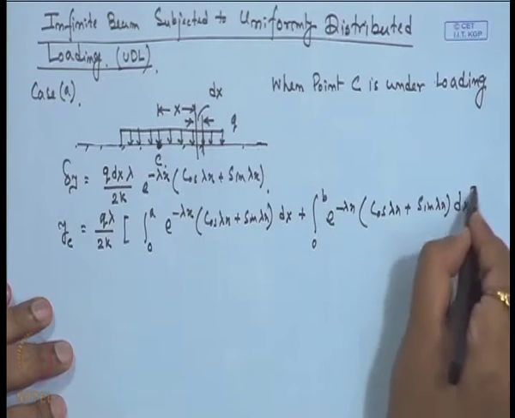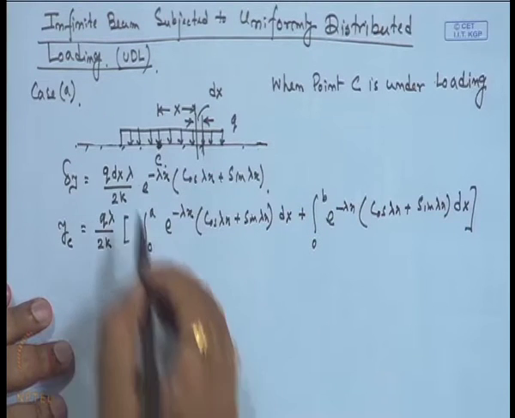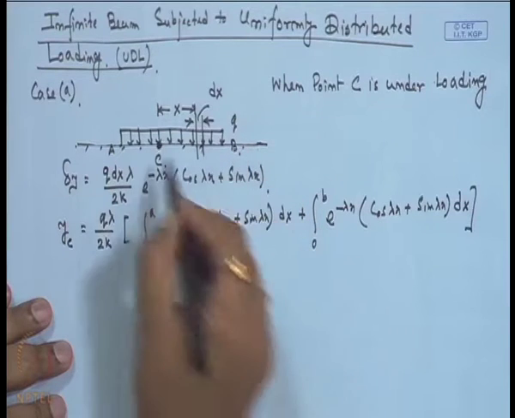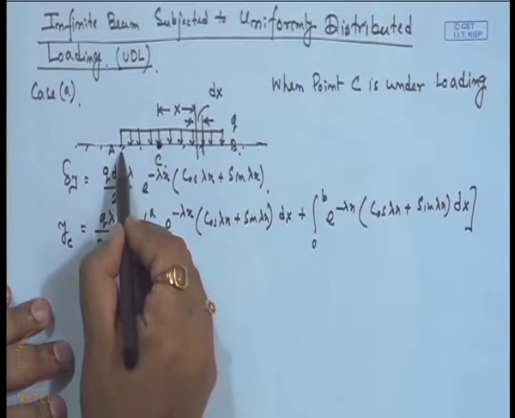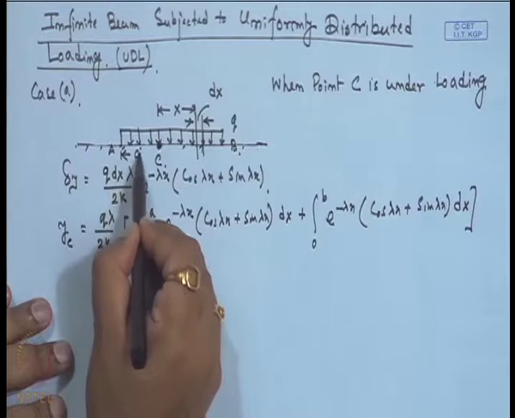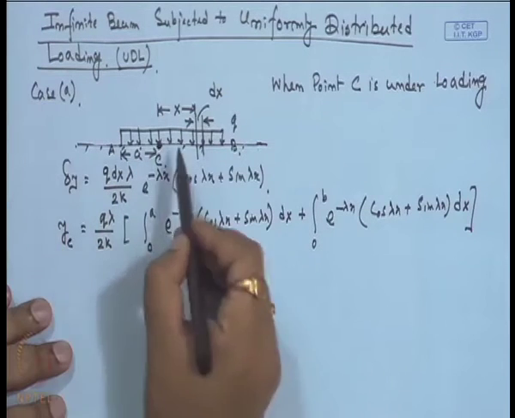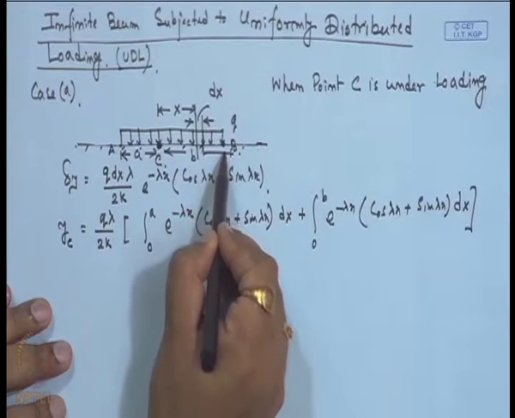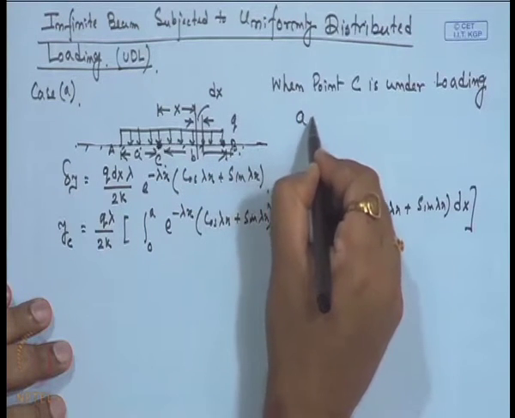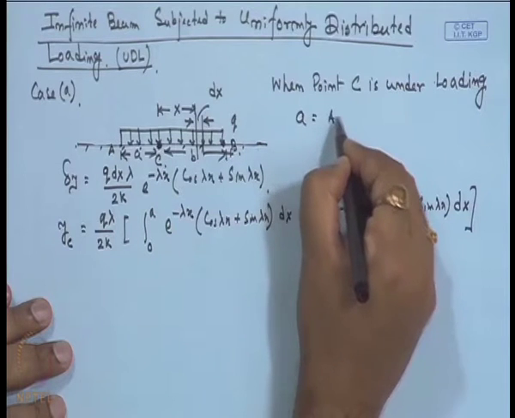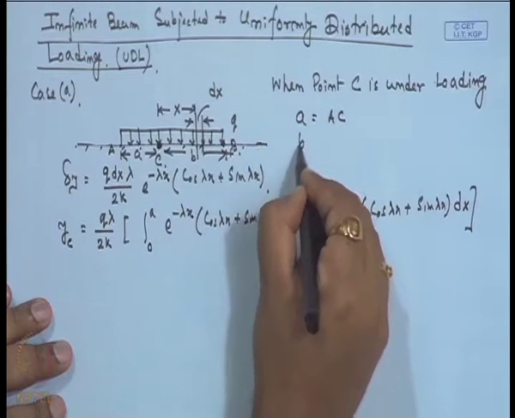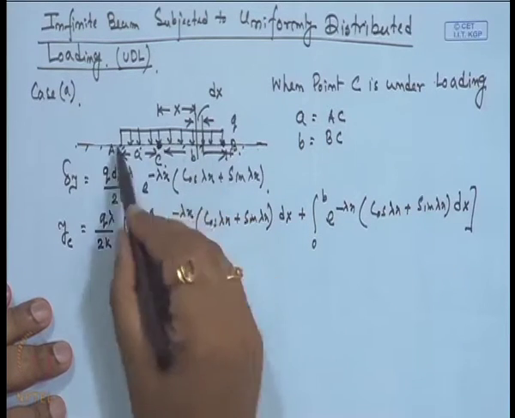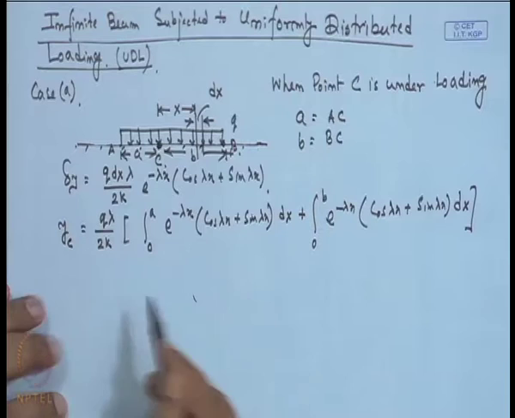Now, what are a and b? This is point A, this is point B and this is point C. So, a is the distance AC and b is the distance BC, where A and B are the two endpoints.